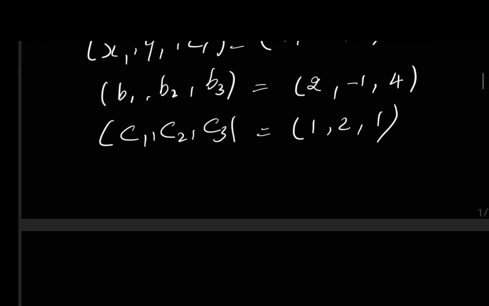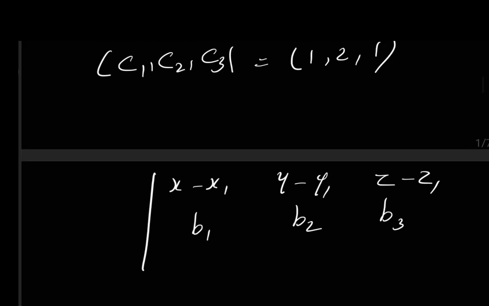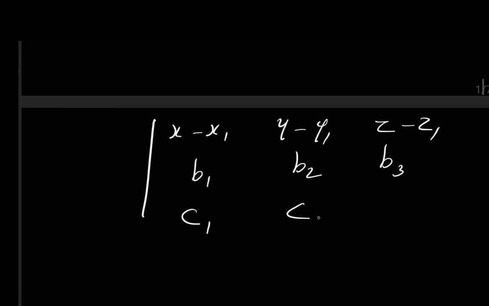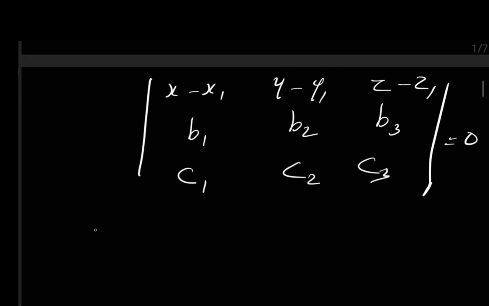So the required form is the determinant x minus x1, y minus y1, z minus z1, b1, b2, b3, c1, c2, c3 is equal to 0. This is the Cartesian representation of the equation of the plane.